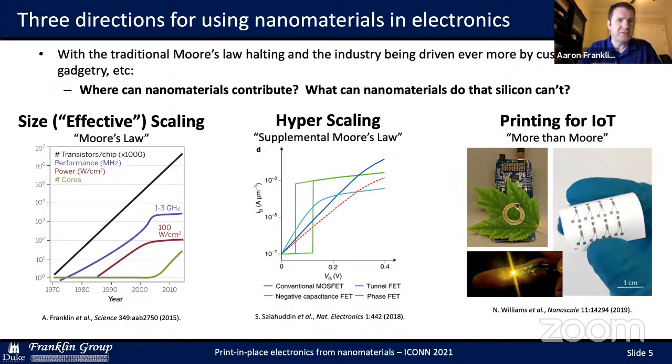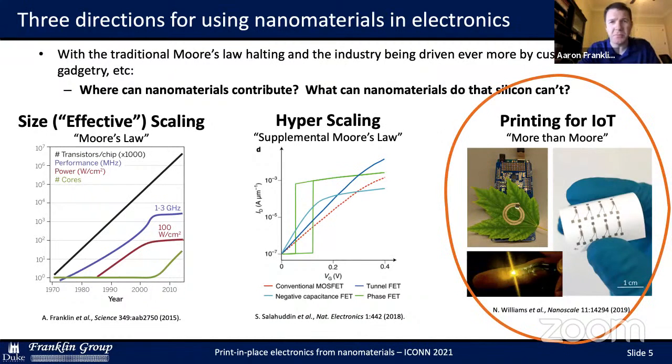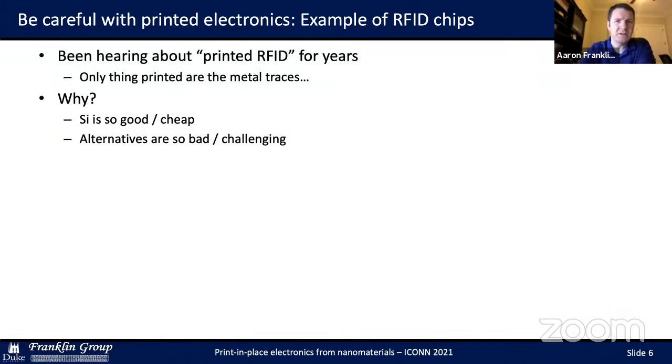And then finally, this emerging space where we're looking at fabricating devices for specific application needs. And that would be the Internet of Things and smart cities and other environments that need a lot of these devices. So the focus, as you could probably imagine, for printing is more in this IoT space.